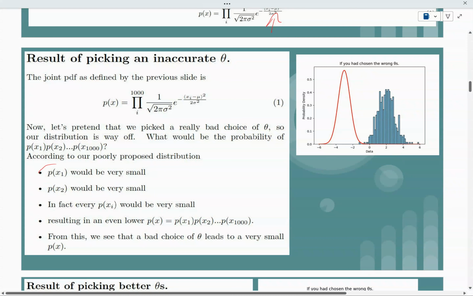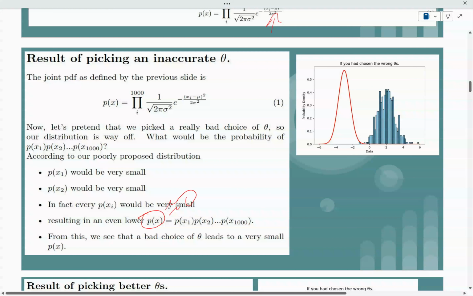So p of x1 for the first event will be very small. p of x2 will be very small. In fact, p of xi for every single sample here will be very, very small. And as a result, if you have p of x1 times p of x2, a small number times a small number times a small number, all these small numbers multiplied together, it's basically saying p of x is equal to basically zero, right?